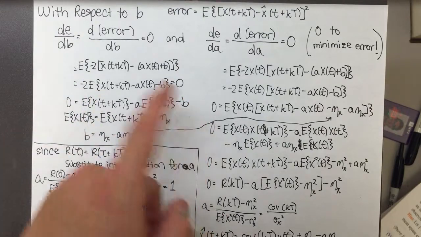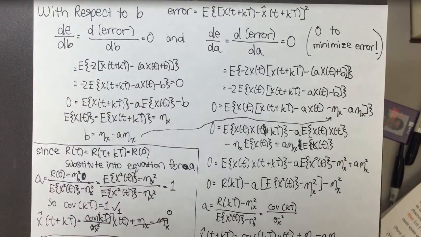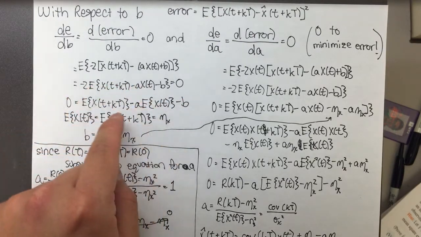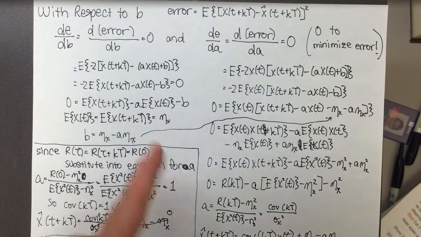When you take the -2 out, it equals 0, so you're left with just this part. So we just separate the expected value out for both parts, and then we also have the -b over there.